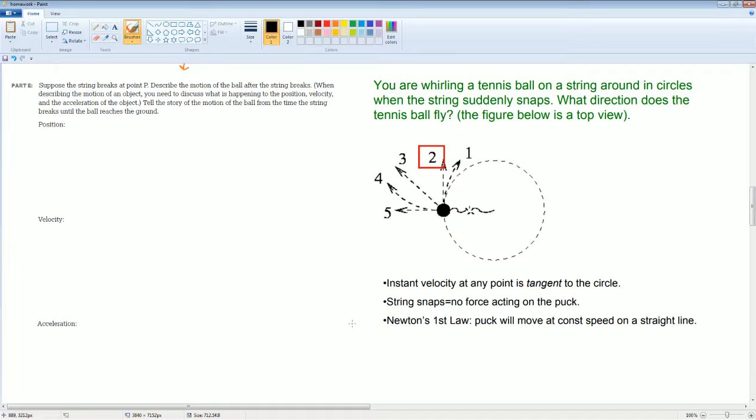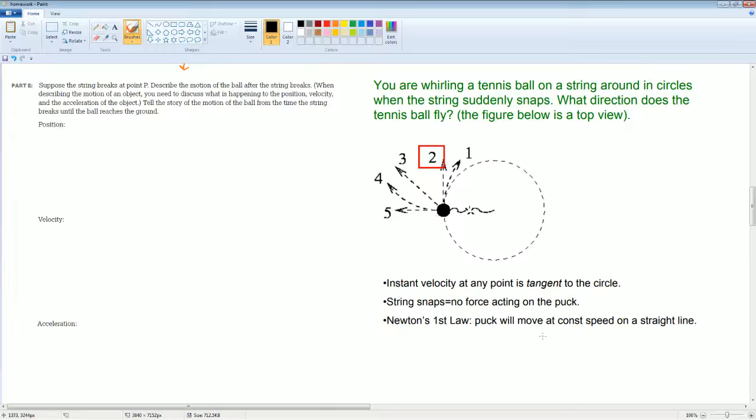When you are swirling a tennis ball on a string around in a circle, when the string suddenly snaps, what direction does the tennis ball fly? And this is from the top view, okay? The answer would be 1, with the circle, 2, tangential to the circle, 3, outwards, 4, curving outwards, or 5, perpendicular outwards? The answer would be 2.